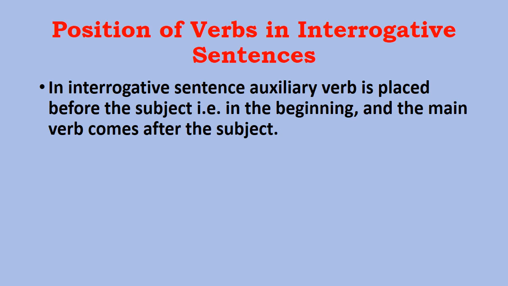So, auxiliary, then the subject, and then the main verb. That is the structure. I'll give you an example. Have you visited the Taj Mahal? See, have is an auxiliary. You is the subject and visited, the main verb, is placed after the subject.